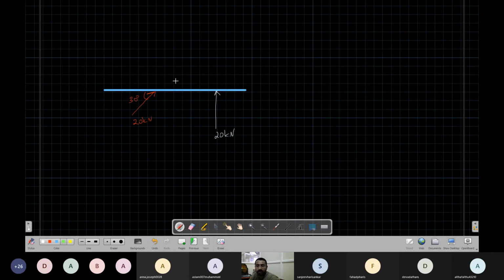Then I have one more force, again 20 kilonewton, and another force, which is 15 kilonewton. This is A. Now this is 1 meter, this is another 1 meter, and this is another 1 meter.